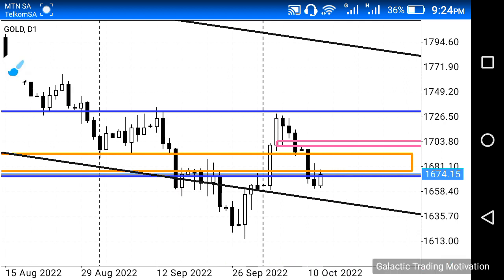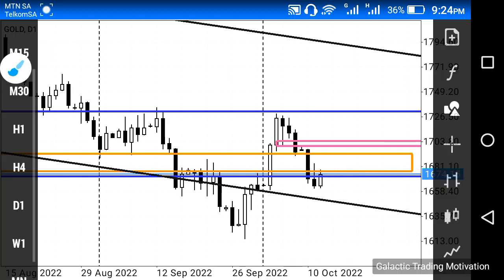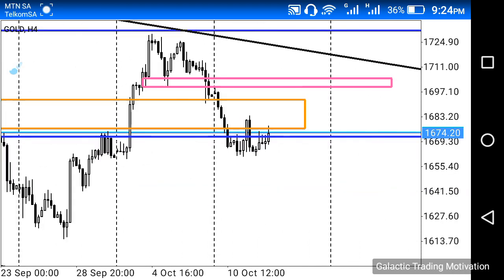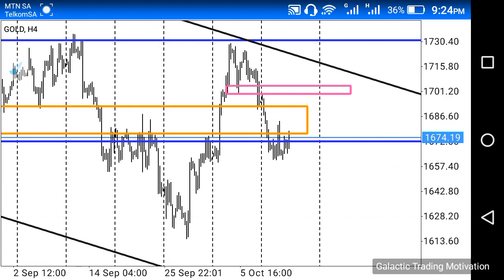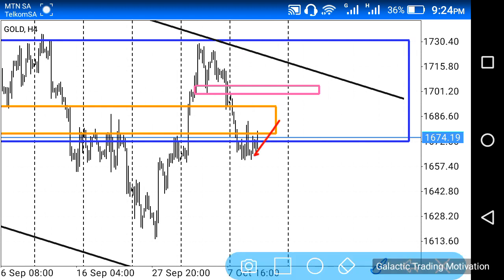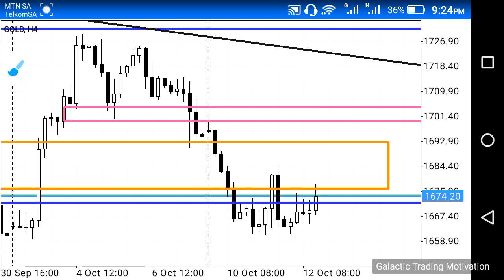But for now, in as far as buying or selling goes, I would not be making any decisions at this point in time. In my humble opinion, the market is just too choppy, and as I said, anything can happen at this point in time. We might potentially see the market go up or go down, but things are just too choppy for me to make any decisions.